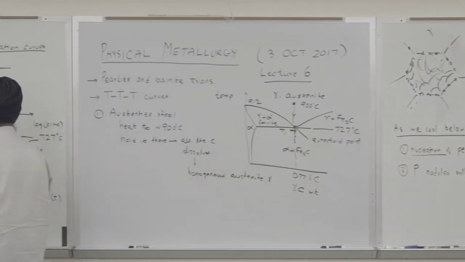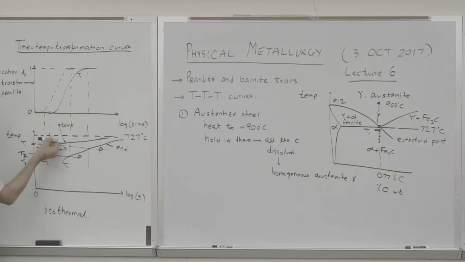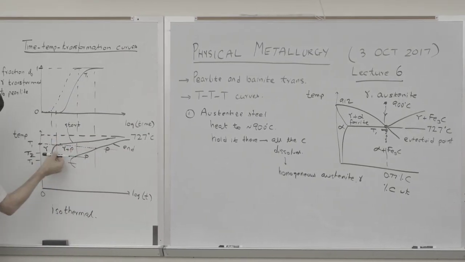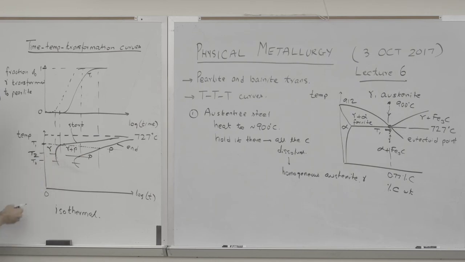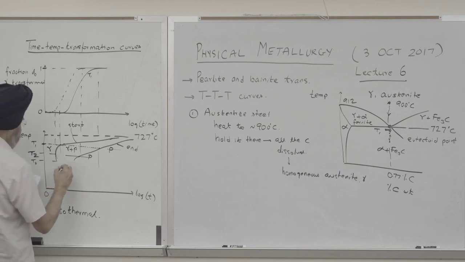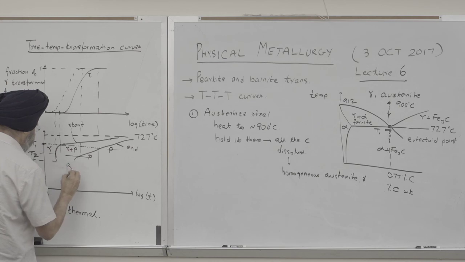That's why, as you drop the temperature, these curves are coming to the left. Things happen sooner. The reason I didn't go any further below this is because below that temperature, there's another reaction that happens, and it's called the Bainite transformation.